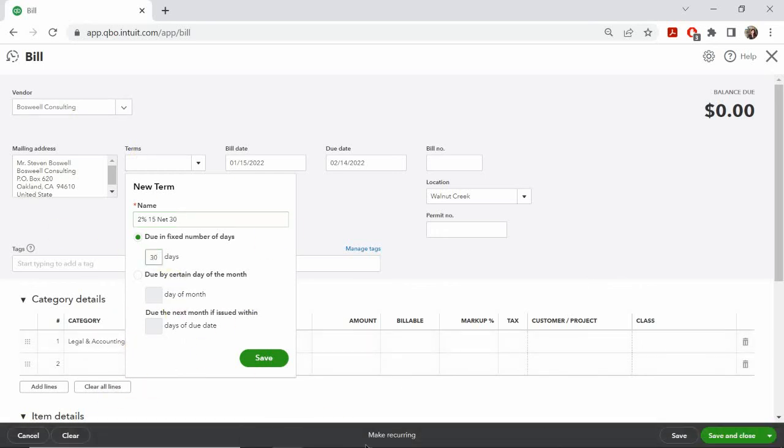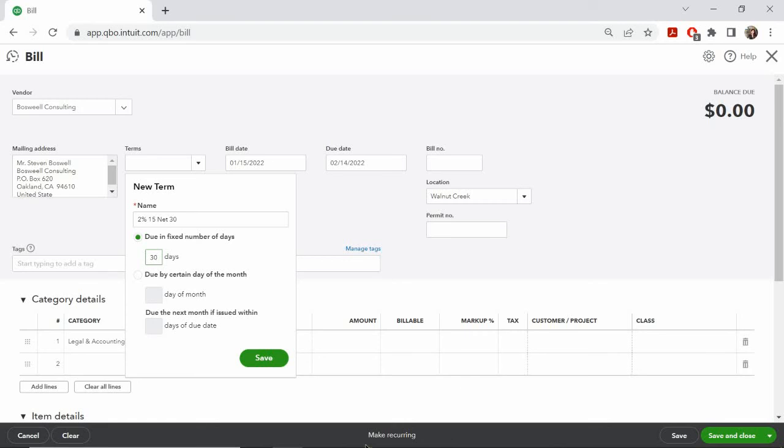Okay? Now, let's look at the second option. It says due on a certain day of the month. In this case, that's called a date-driven term. So we talked about that last time, right? Where you have two options, right? One of them is that it's due upon receiving the bill in a certain amount of days, or this bill is due on an exact date.